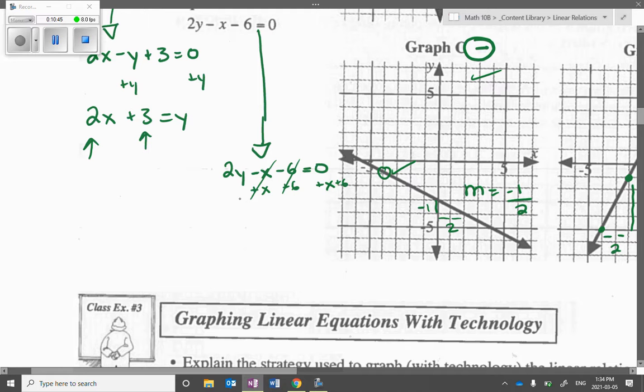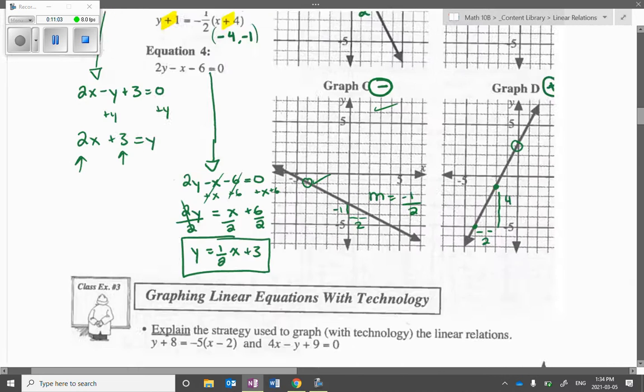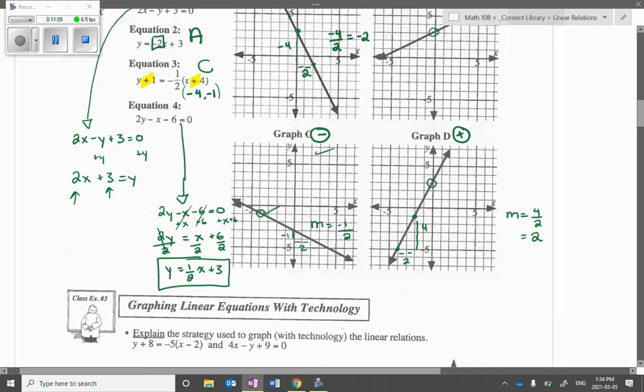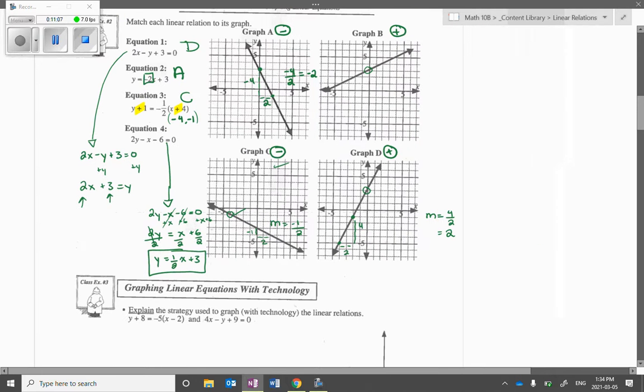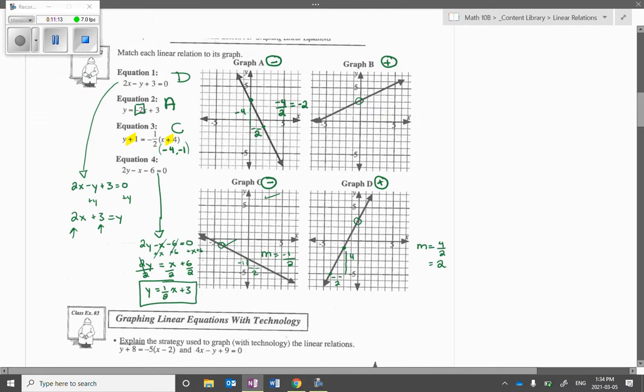So then I get 2y is equal to x plus 6. Divide everything by 2. So then y is equal to 1/2 x plus 3. So like we already pointed out, graph B does have a y-intercept at 3. So that's good. And if you count it out, we'll see we have a slope of positive 1/2.